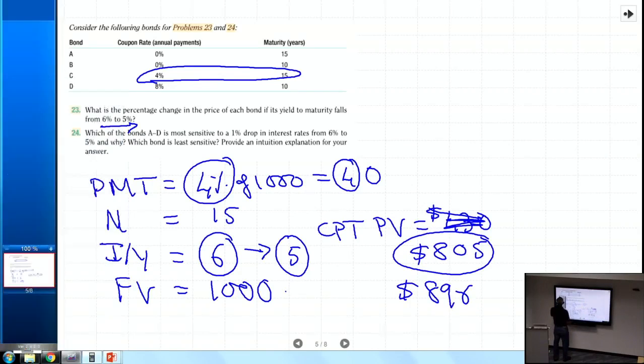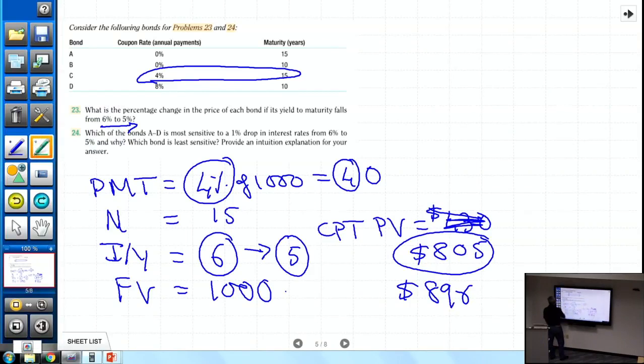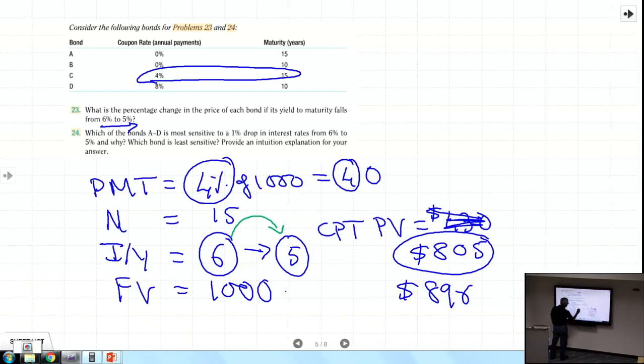So it illustrates for us the general relationship between bond price and interest rate. When interest rate drops, bond prices go up. The inverse relationship between bond prices and interest rate. Vice versa, if interest rate were to increase, the price of the bond would decrease.